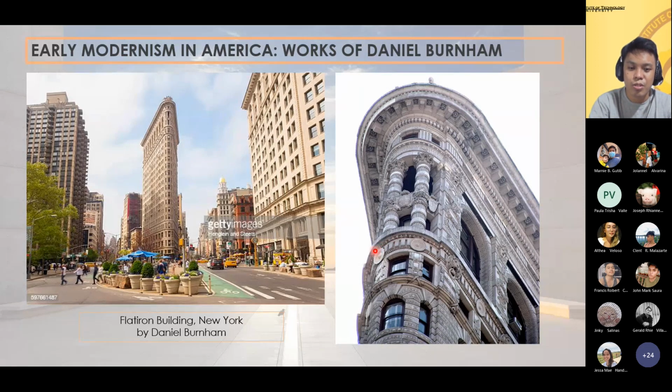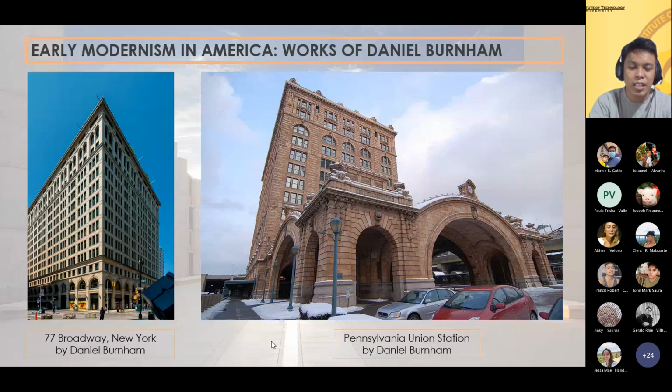So another design of Daniel Burnham. The ornamentation has toned down. So this one is the 77 Broadway in New York. And this one is Pennsylvania Union Station. So it's a train station.